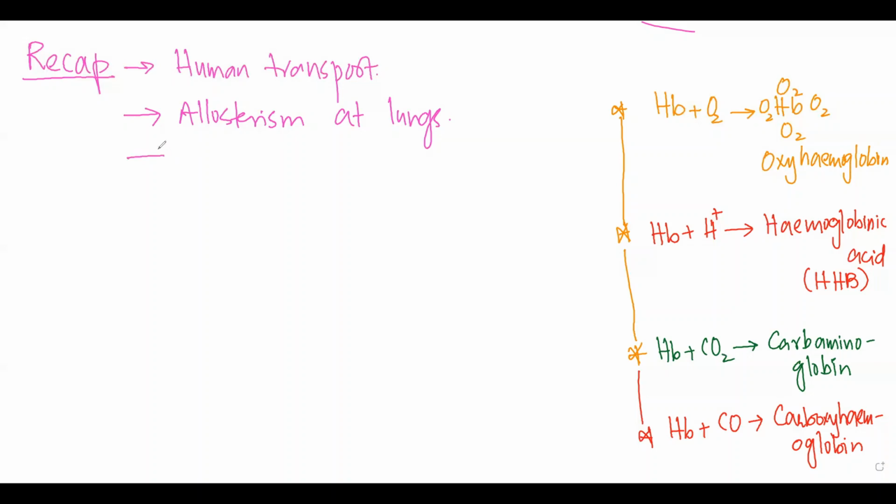Then we studied, the day before yesterday, sorry, what is a closed and what is a double circulatory system. I'm sure you remember that closed circulatory system means blood remains inside the blood vessels. And double circulatory system means blood enters and leaves the heart twice in one circulation.